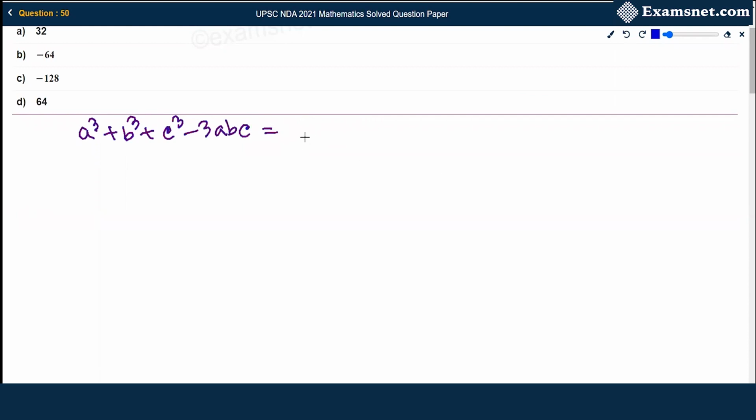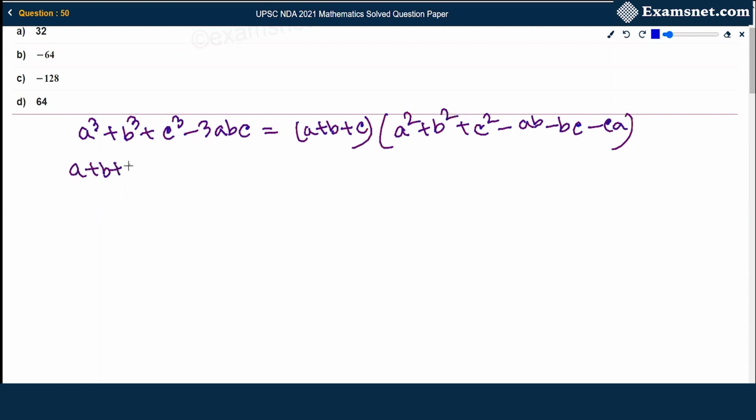So the result is (A plus B plus C) multiplied by (A square plus B square plus C square minus AB minus BC minus CA). And also (A plus B plus C) whole square gives us the value A square plus B square plus C square plus 2(AB plus BC plus CA).